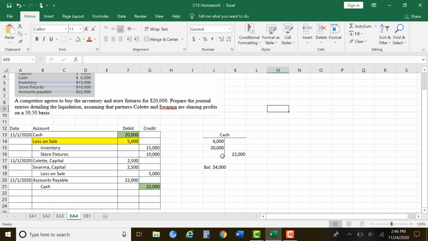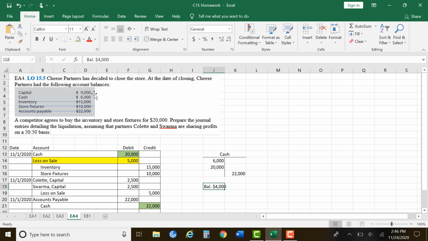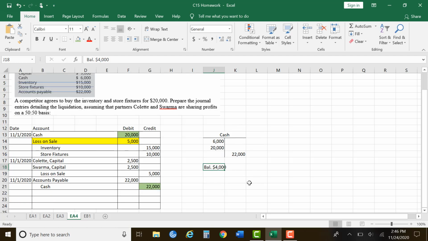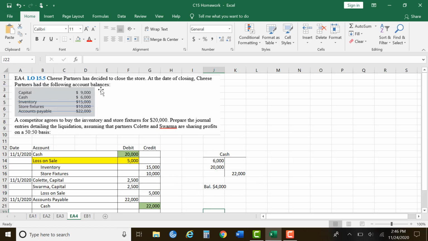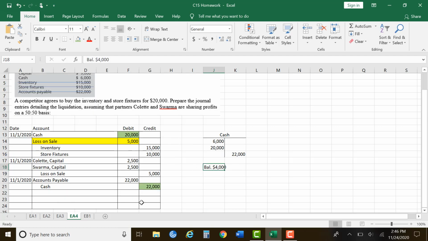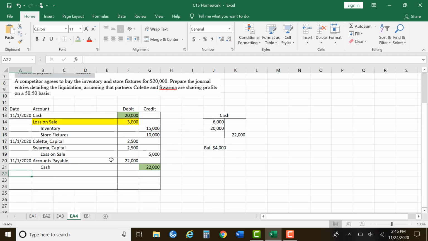So my cash, I'm down to, this balance has been adjusted up here because I made some more entries to it. So I have $4,000 in cash that I need to handle, and I have $9,000 in capital. Well, I only have $4,000, so that's how they're going to get it. That's all that's left to split. Doesn't matter that I can't pay out their full capital. They just had to take the loss. So that balance of cash is going to be split 50-50.